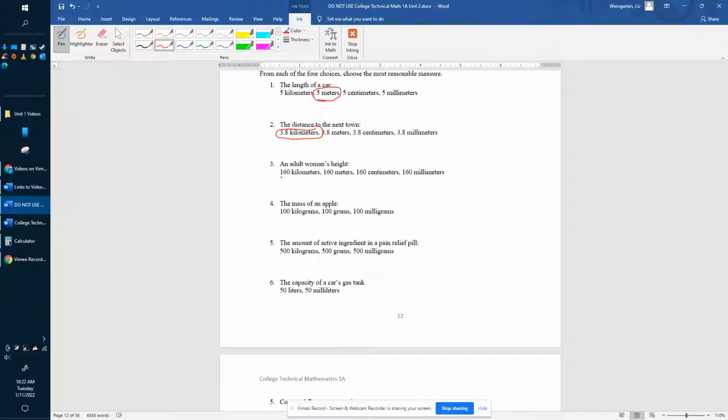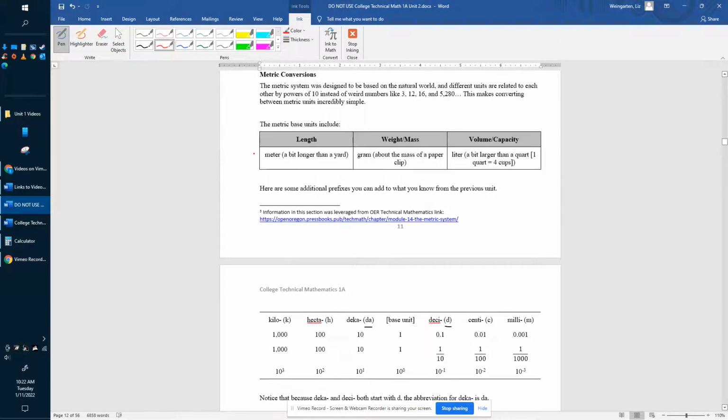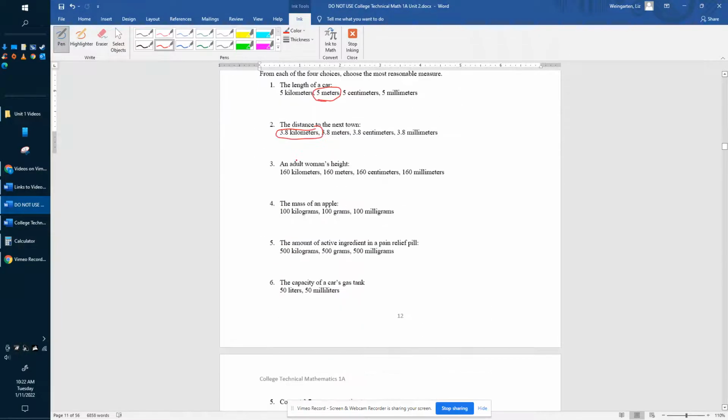Well, if we look at the top, a meter is a bit longer than a yard. So, could you imagine a woman being 160 yards long? Not so much. 160 centimeters? That seems a lot more reasonable. 160 millimeters? Probably not, because that would only be 16 centimeters. So let's go with 160 centimeters.